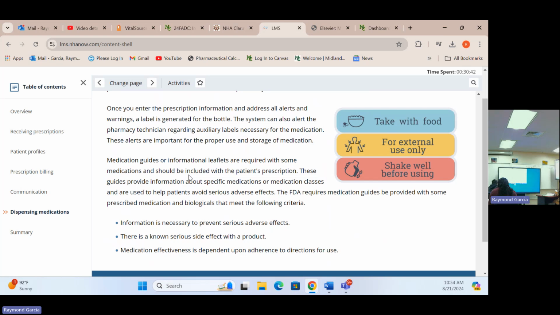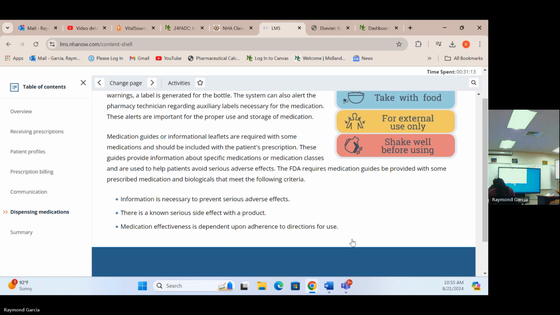It's the following criteria: information is necessary to prevent serious adverse effects; there's a known serious side effect with the product; and medication effectiveness is dependent upon patient adherence. A medication that causes a cough would be a side effect that would warrant a medication guide.